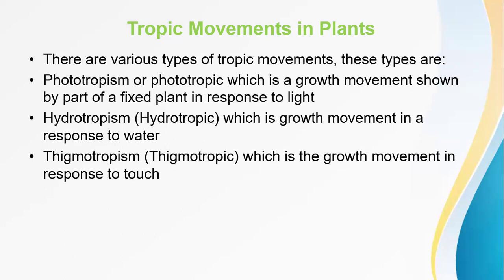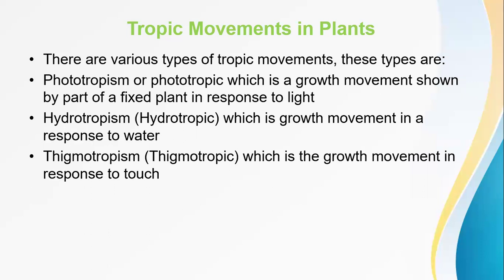Now there are various types of these tropic movements. These are as follows. The first one is the phototropism or phototropic, which is the growth movement shown by part of a fixed plant in response to light. So this can be noticed as a response to light when the plants move towards it or away from it in response to the light as one of the stimuli.